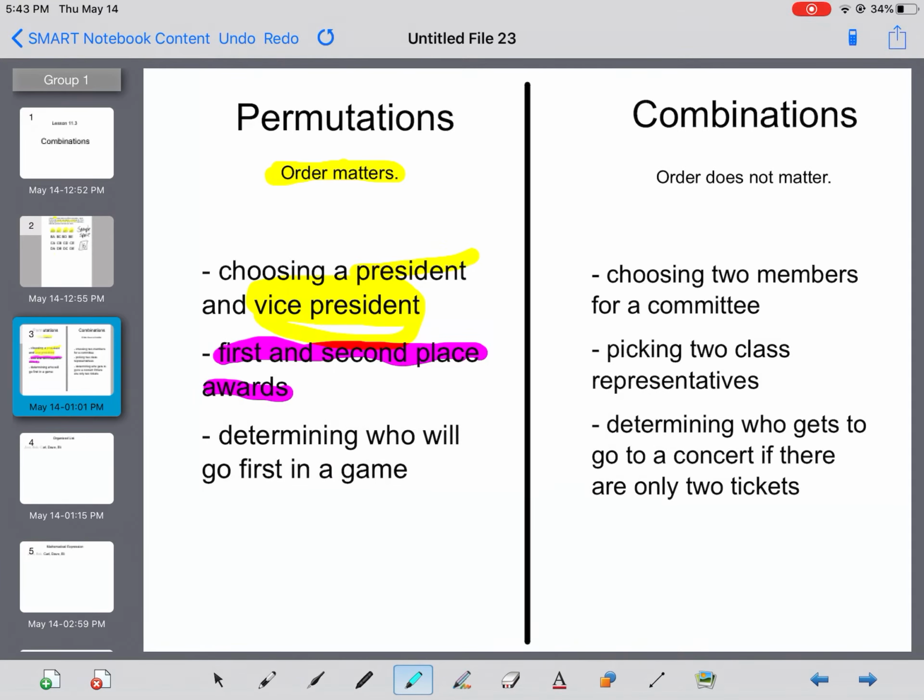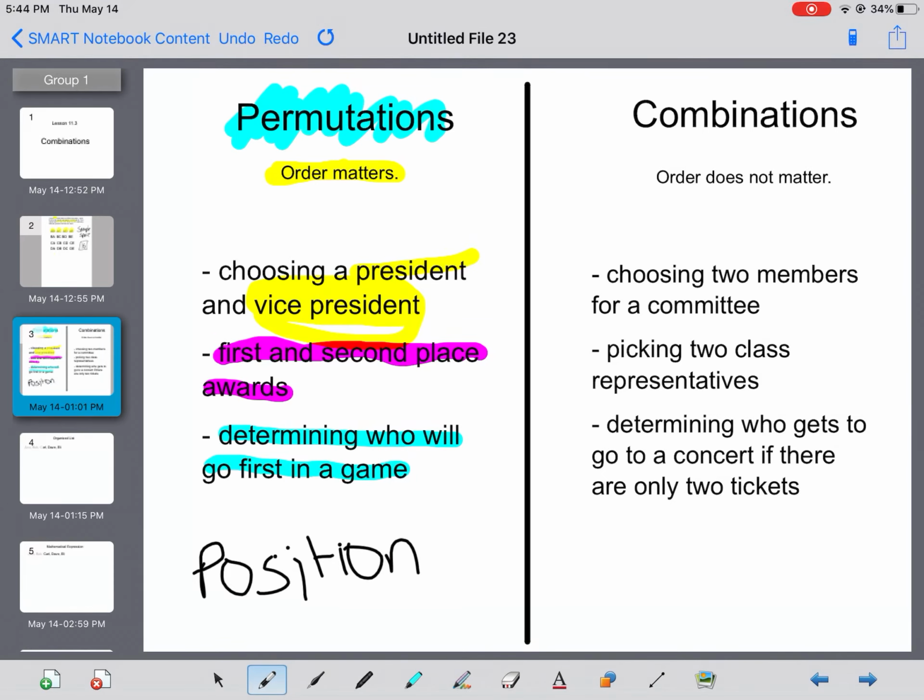Let's say we're playing archery or something like that. Probably the person who goes first has a little bit of an advantage. So order matters in permutations. Maybe you can think about the word permutation and the word position. It starts with the letter P: permutation, position.